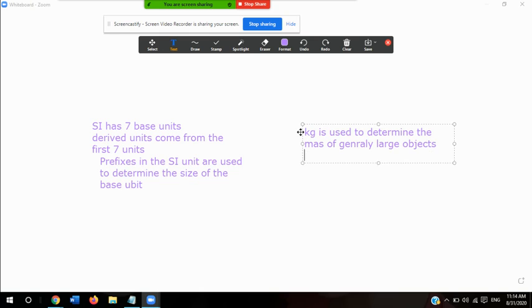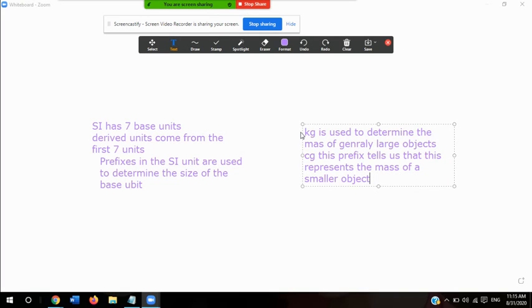Okay. If I said centigram instead of kilograms, and centigram is represented with the letter C, this prefix tells us that this represents the mass of a smaller object.